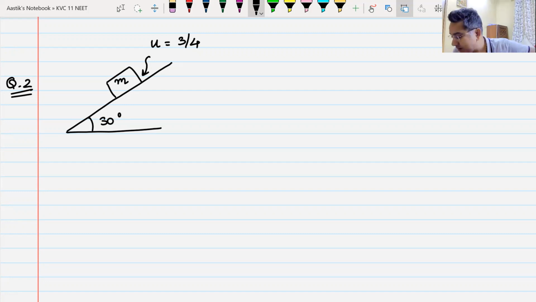What will be the acceleration of the block? Anyone with any answer? Yes or no?